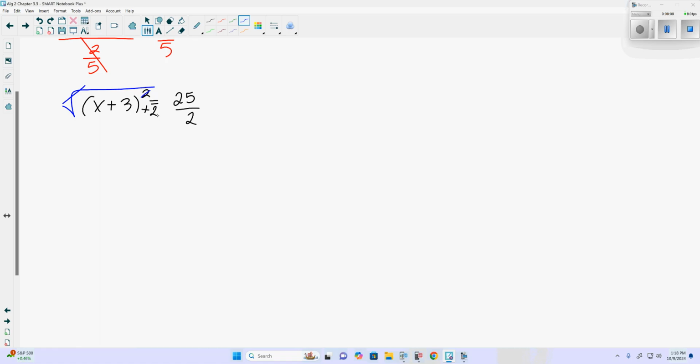Does that make sense? But since we don't have that plus 2, we can go on and take the square root of our x plus 3 squared, and it just reduces to x plus 3 equals, well, since I took the square root of one side, we have to take the square root of the other.